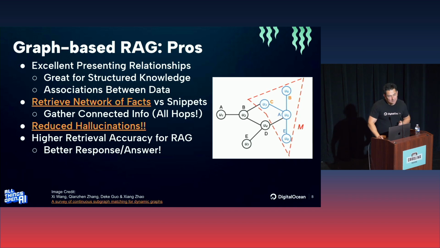So, I talked a little bit about vector databases. Let's go ahead and talk about graph databases and the pros. What graph databases really excel at is presenting structured data and providing the relationships between different data nodes, so different pieces of data or information.